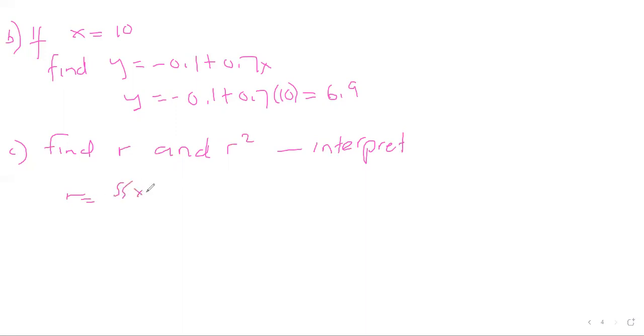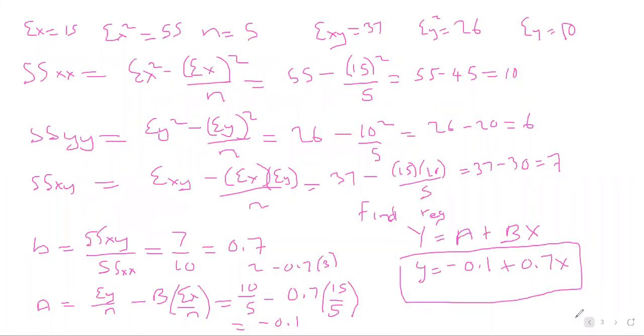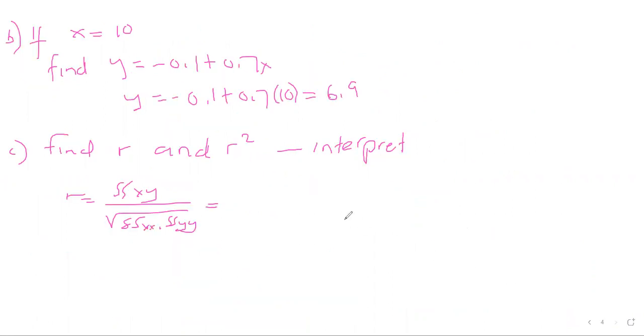This is given by Sxy over the square root of Sxx times Syy. So Sxy is 7, Sxx is 10, and Syy is 6.